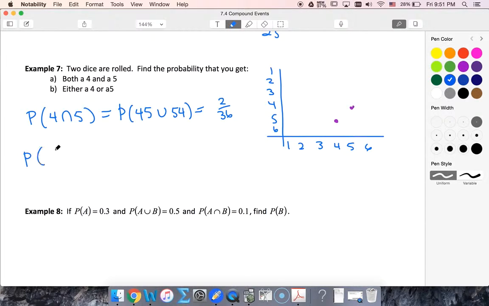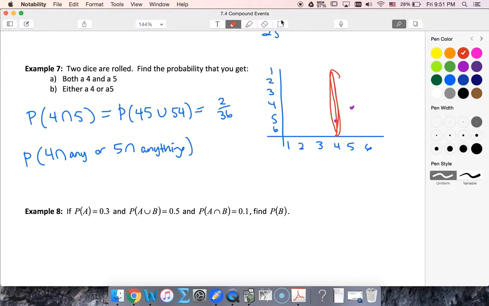Now the probability that I get a 4 or a 5, well, that would mean I would get a 4 and anything else, or a 5 and anything else. So if I think about this on my diagram, the 4 column, I could get any of these options. So that would also encompass this 4.